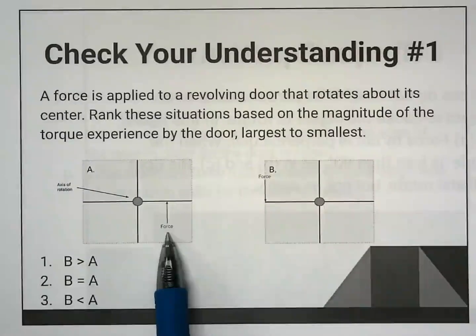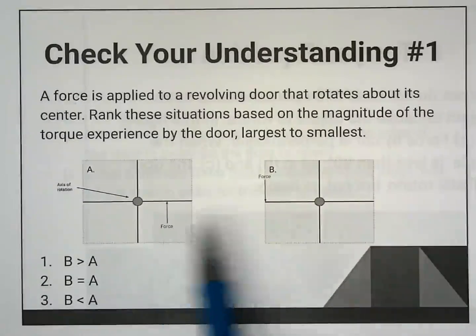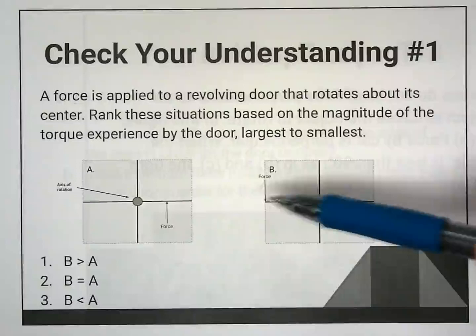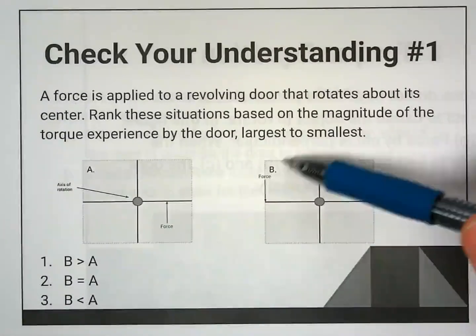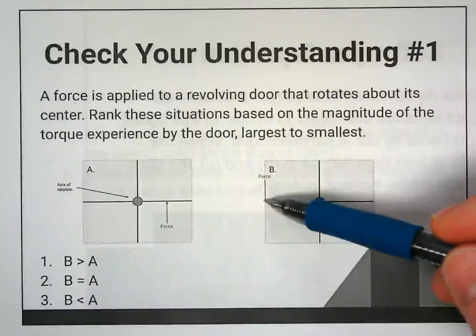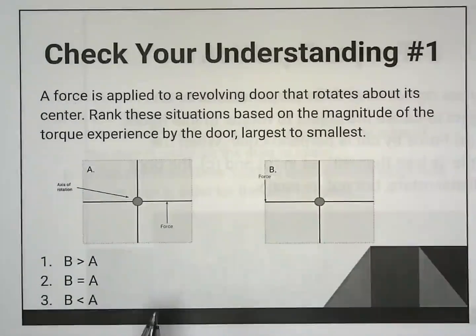The force is being applied here perpendicularly. Over here on B, the force is being applied, again, counterclockwise, but this time it's all the way at the end here, and we have to distinguish which one's going to have the greater torque.